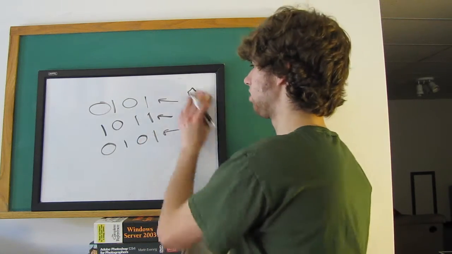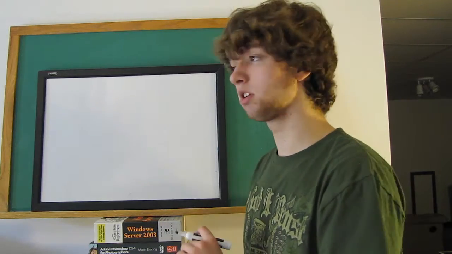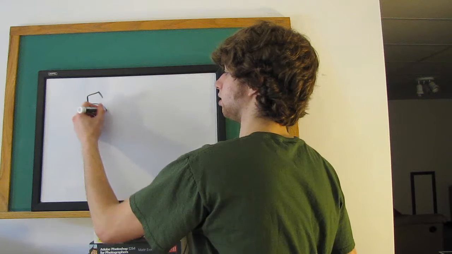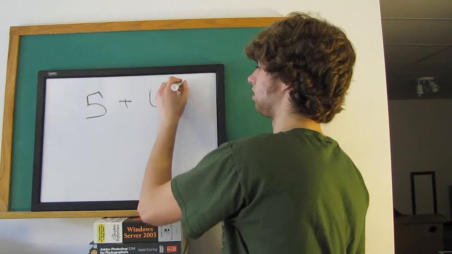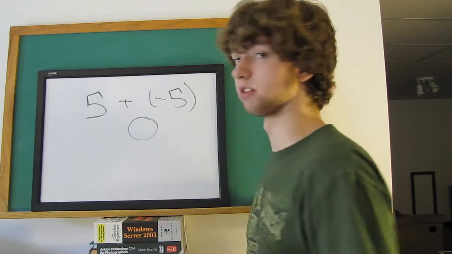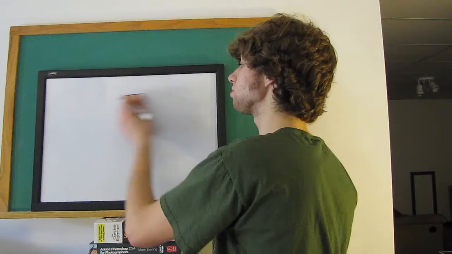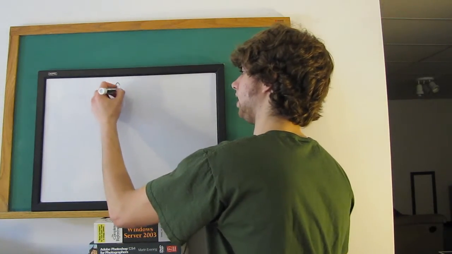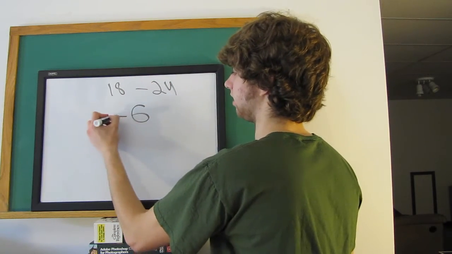Alright, so then we can use this to do mathematics. We can always use addition because we can subtract by having a positive number over here, and we can add a negative number. So this is going to come out as 0. You can also use 2's complement to do things such as 18 minus 24, which is going to come out as -6.